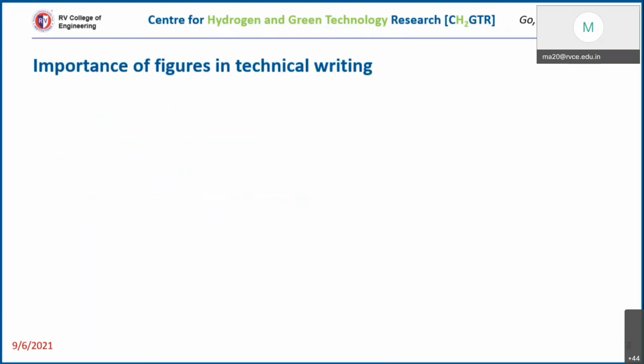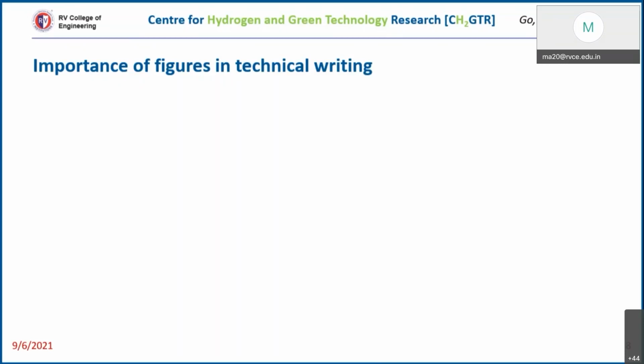Good. So now, why is this important? It doesn't matter whether it is, as I told you earlier, an assignment or experiential learning or a course that you're taking, a project, or your job in future. You definitely will end up using figures.